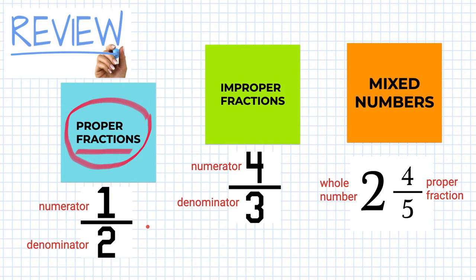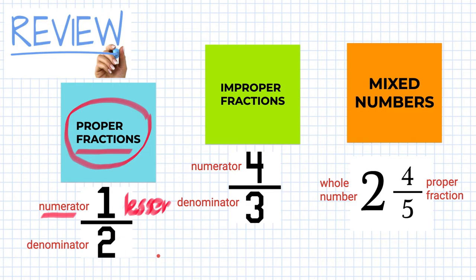1/2 is an example of a proper fraction. When we say proper fraction, the numerator, or the number above, is lesser compared to the denominator, which is the number below. So that is a proper fraction.